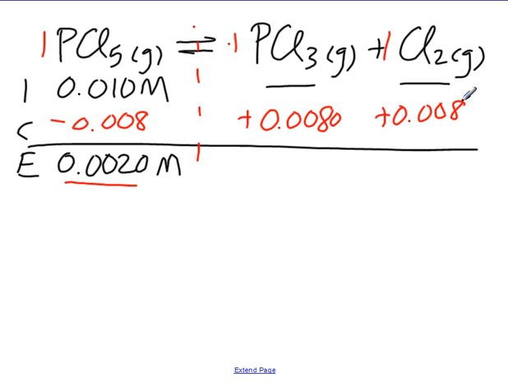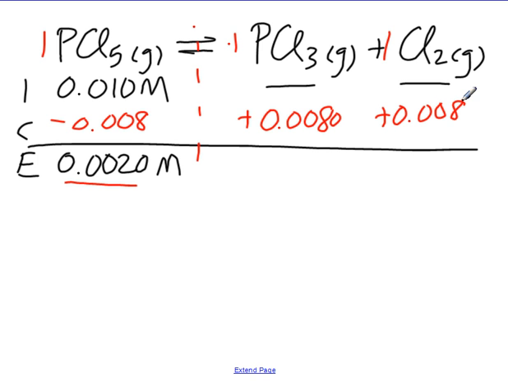But how can the products gain more than the reactants lost, right? You're probably thinking about the law of conservation of mass and thinking you can't gain more than you lost. That's a violation of the law of conservation of mass. But if you go back and look at this equation, we're not talking about the masses being greater. We're talking about the moles or the concentration, the molarities, right?